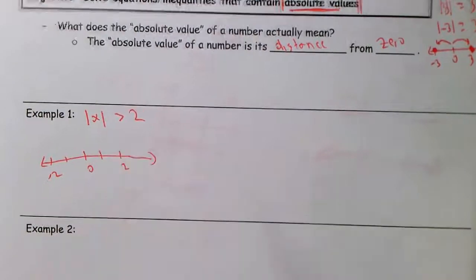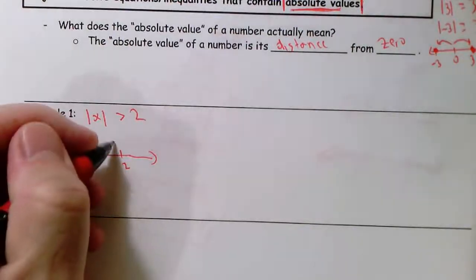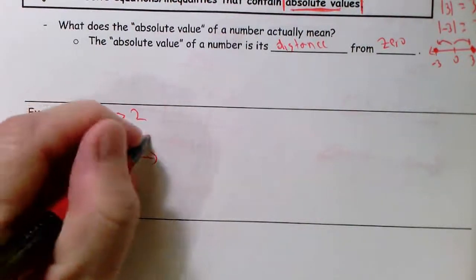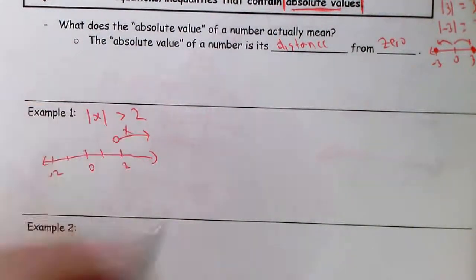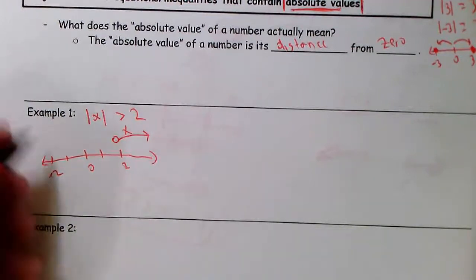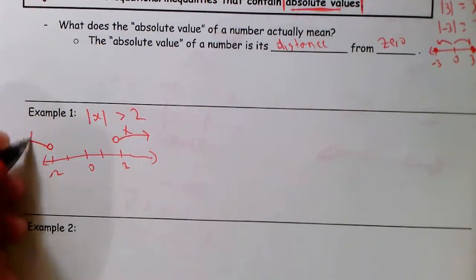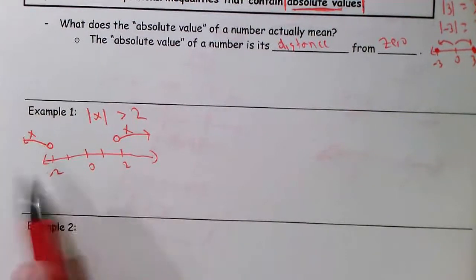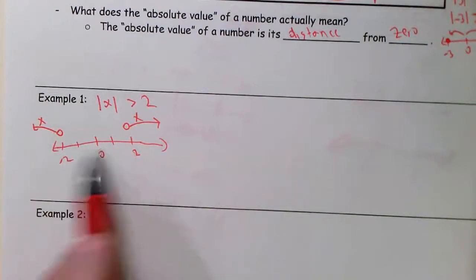But x has to be more than 2 spots from 0, right? So this x has to be out here somewhere. Notice I have an open circle around 2, and these are x values. Anything past that would be an x value that's greater than 2 spots from 0. And the same would be true over here. All of these could be possible x values. The x values are more than 2 spots from 0 to the left.